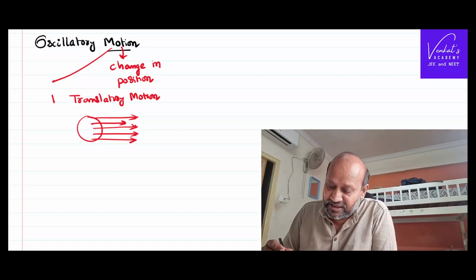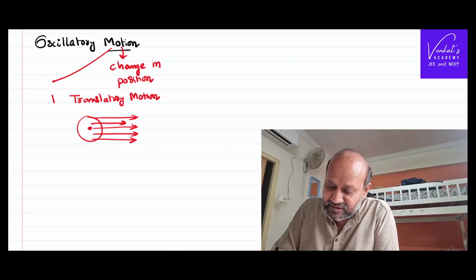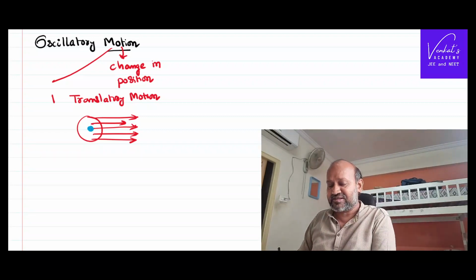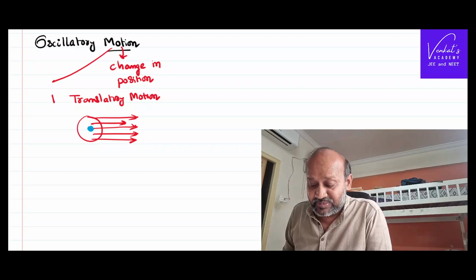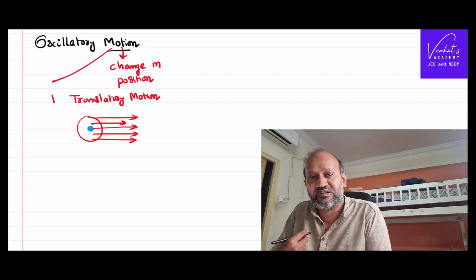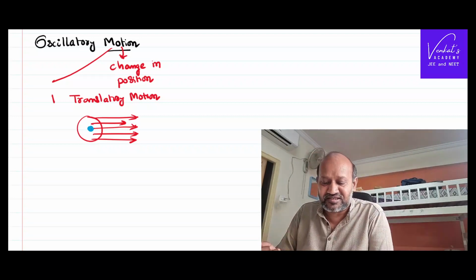If not, I can consider a particular point inside at the middle, called the center of mass, and study the motion of the body as the motion of the particle at the center of mass, or sometimes you can call it the center of gravity. That's translatory motion. That's where we learned one dimensional motion, two dimensional motion, and applied Newton's laws of motion and friction.